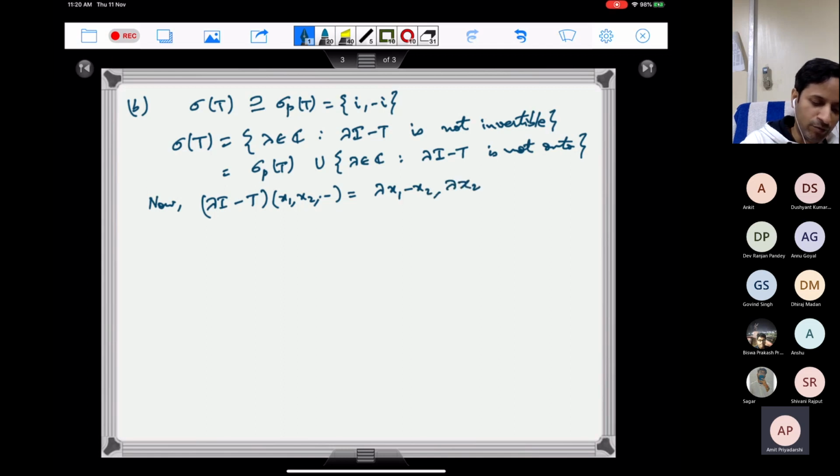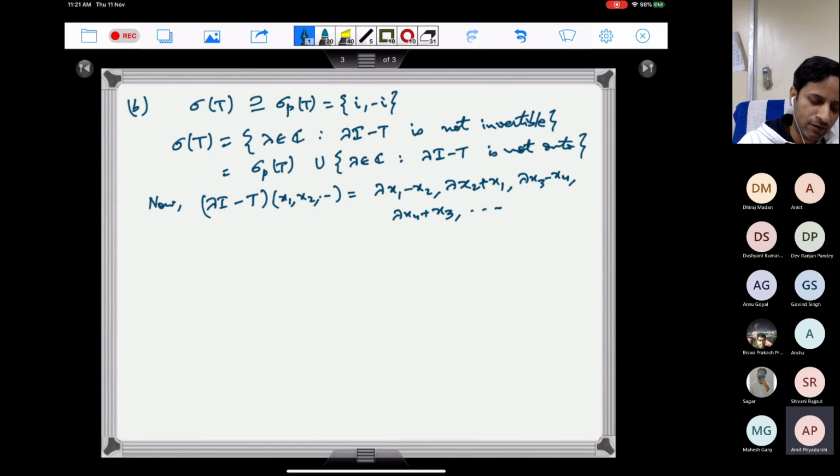And the second component was minus x1, so that will become plus x1. And then the other components are repeating like that. So lambda x3 minus x4 and lambda x4 plus x3 and so on. So now we have to see whether this is onto or not.